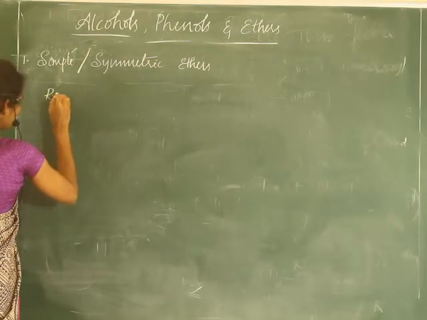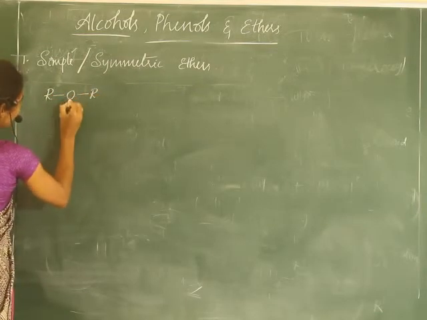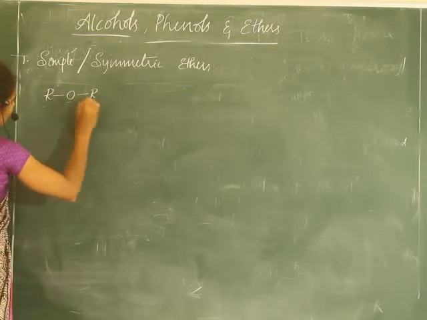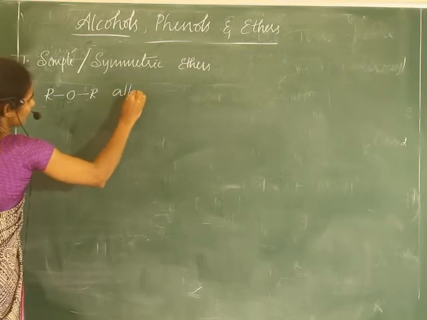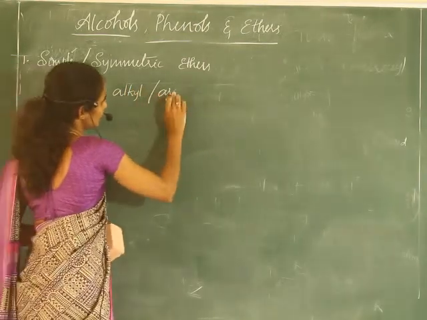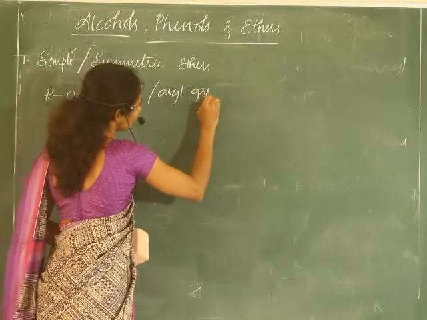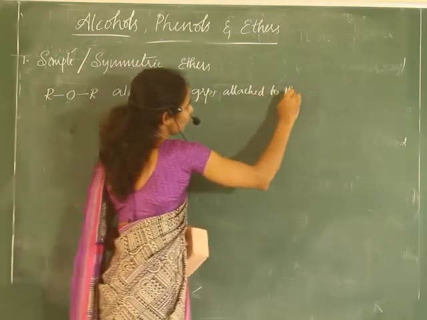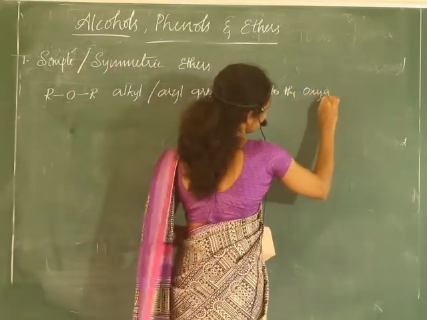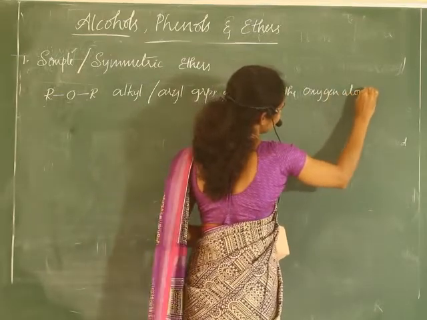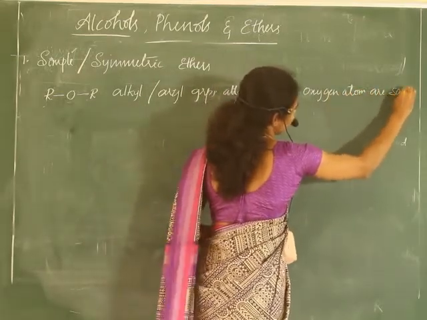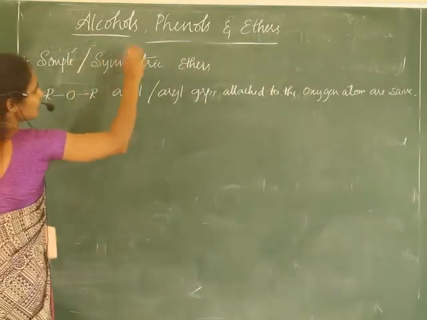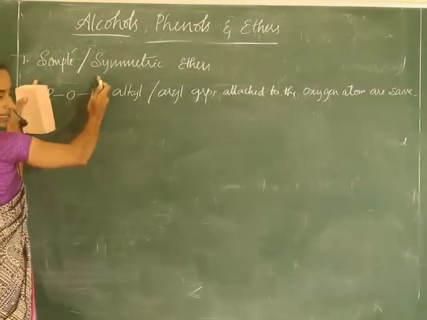If an alkyl group or aryl group is attached to the oxygen atom, here if I take these two alkyl groups, if these two alkyl groups or aryl groups attached to the oxygen atom are the same, then they are called simple or symmetric ethers.